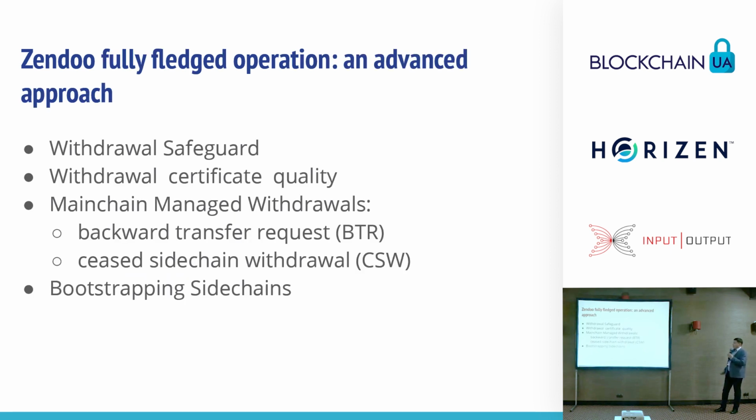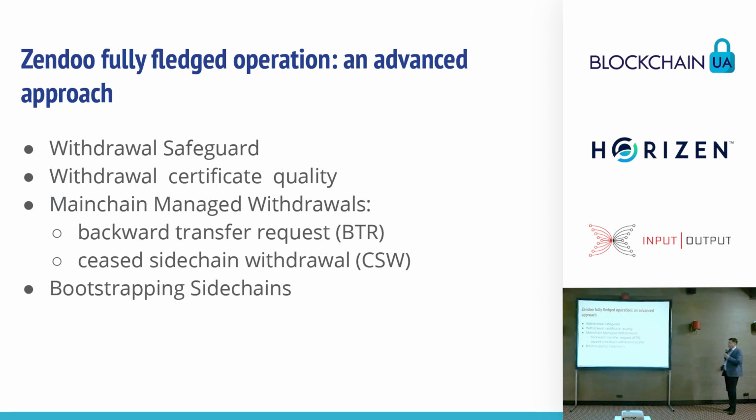So if we go to the fully fledged operation, when we take into account a malicious actor, a powerful malicious actor, what additional features do we need to have here? Of course, we need some withdrawal safeguard. A sidechain cannot become an infinite source of tokens.